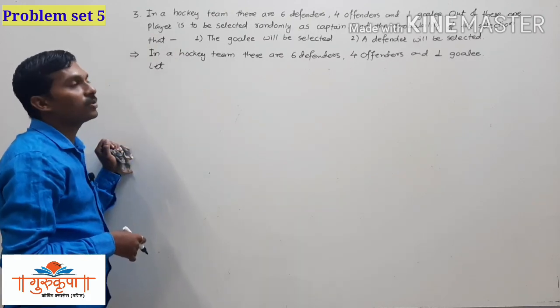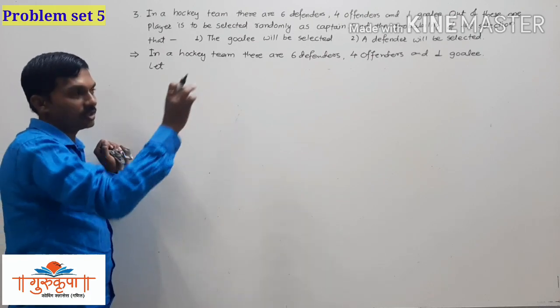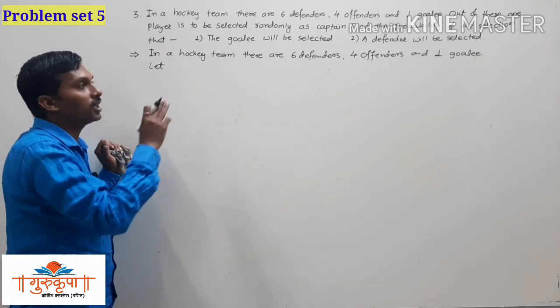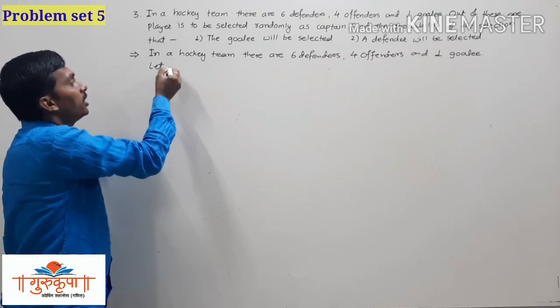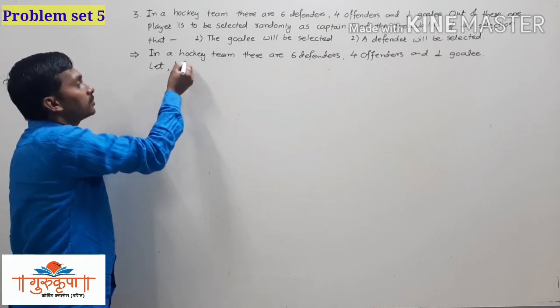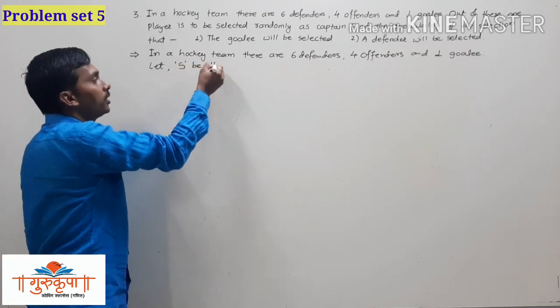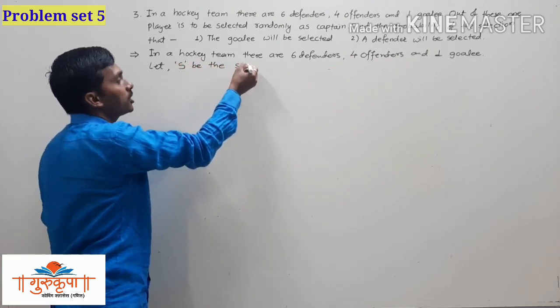But here we are not going to write the sample space in set form. Directly we are going to write the number of sample points. So let S be the sample space.